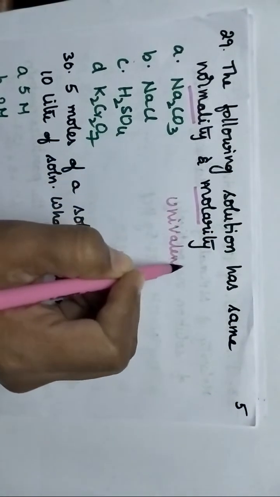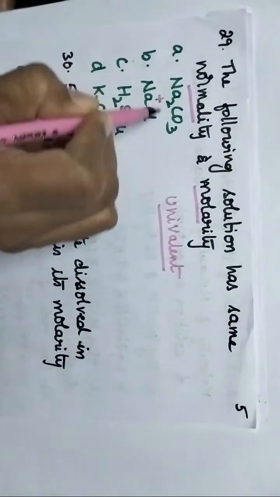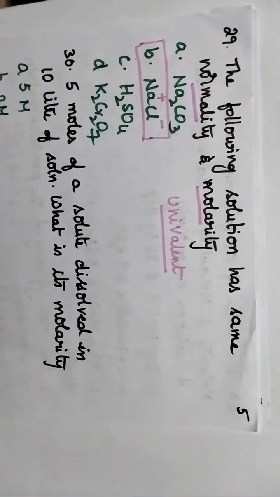Univalent substances will have the same normality and molarity. So for those in which the charge of cation equals anion equals 1, they will have the same normality and molarity. So sodium chloride will have the same value for the normality and molarity. Very good.